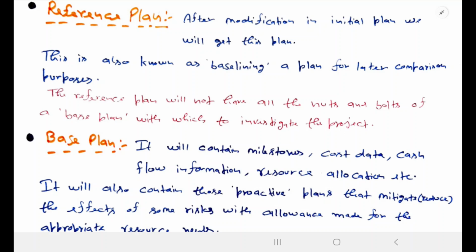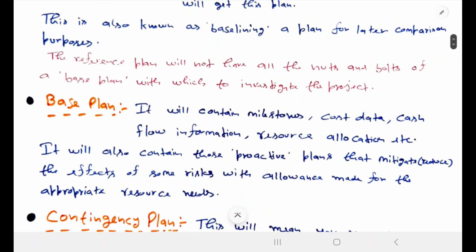So this is the plan which we will compare to the current action. The reference plan will not have all the nuts and bolts of a base plan with which to investigate the project. It is a rough idea, we can say.